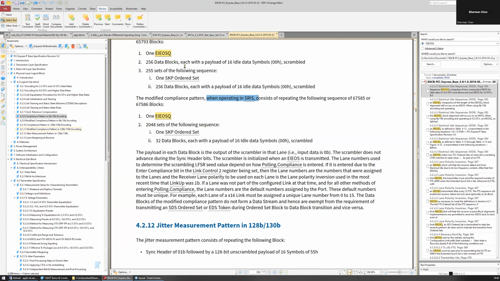So basically, they just replace this 256 data blocks with this sequence. Yeah, in essence, there will be a lot more skip ordered sets added into this MCP for SRIS versus the MCP for non-SRIS.